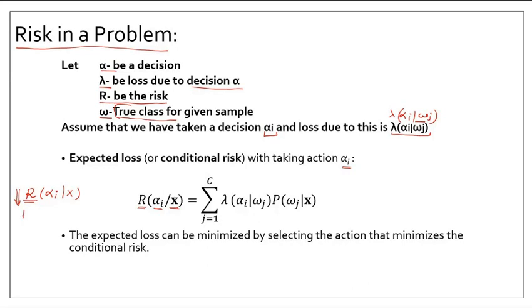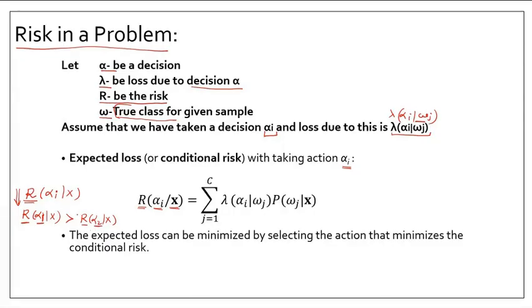For example, if R of alpha 1 given X is greater than R of alpha 2 given X, that means if I take a decision in favor of alpha 1, or that is omega 1, then my risk is greater than the risk if I take decision alpha 2.